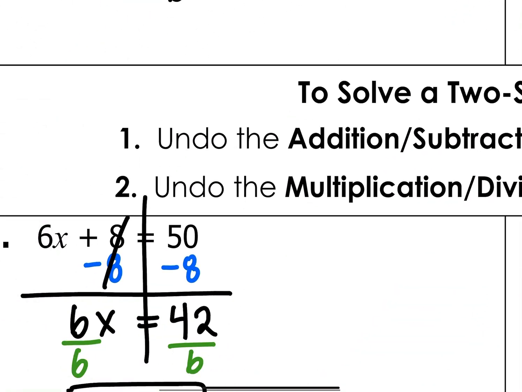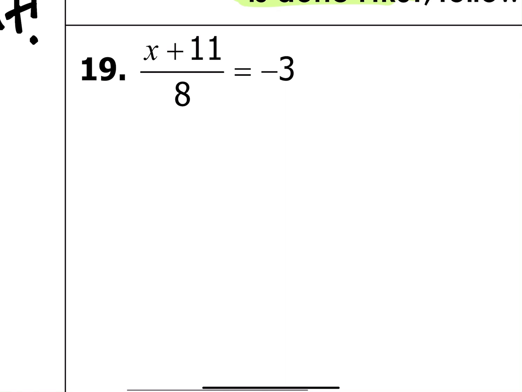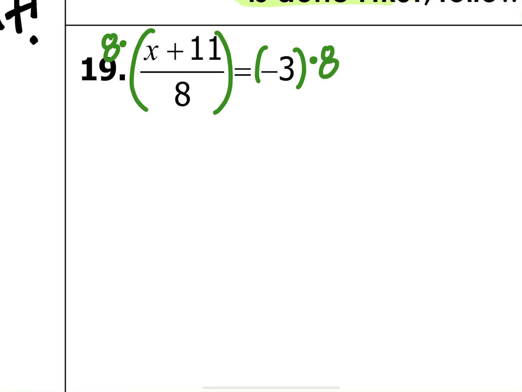So, sorry, this is going to fly through. To get rid of this denominator of an 8, I'm going to multiply both sides by 8. So I'm going to multiply this side by 8. And I'm going to multiply this side by 8. I don't really need parentheses on this side over here.